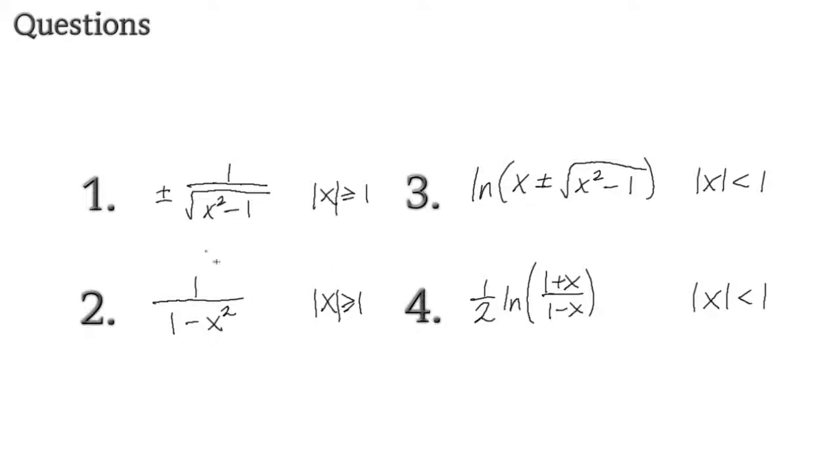Same for the arccosh function. For the arctanh, it's important that this inequality is not a smaller than or equal to symbol, because if it's equal to 1, then we have a natural log of, well, 1.